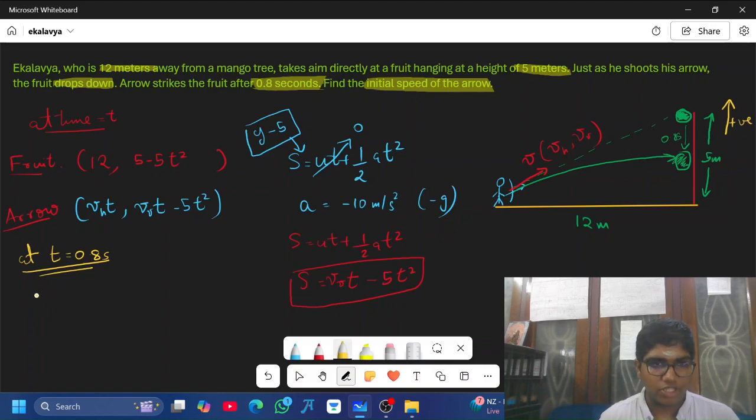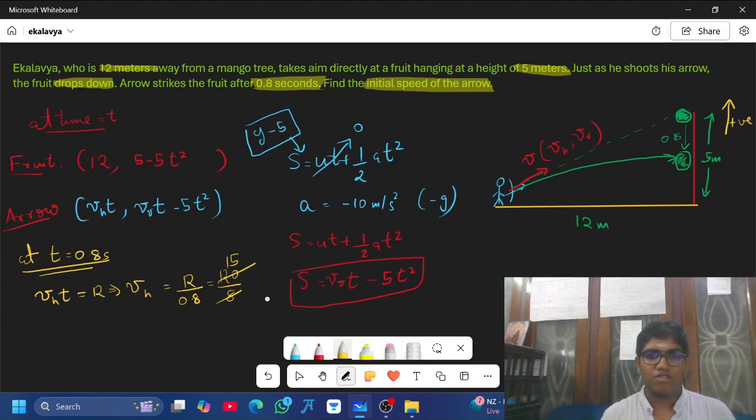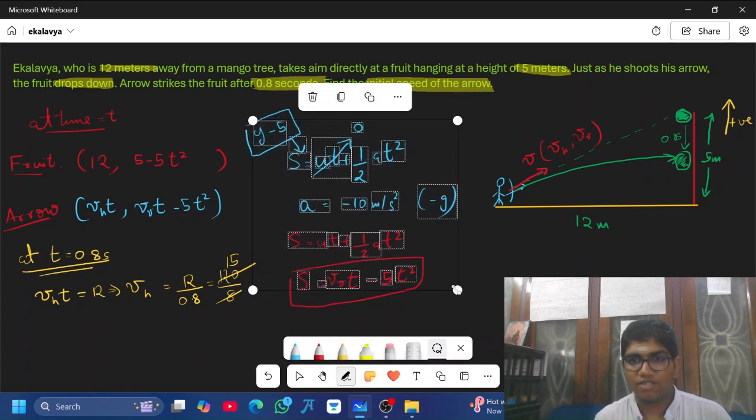Now, doing the calculation, Vh into time t equal to 12, t is 0.8, of course, so Vh equal to 12 divided by 0.8, which is 120 by 8, 15. Now, just a minute, I will just shrink one part. This is an optional part just to show the calculation, so I think I can shrink this.